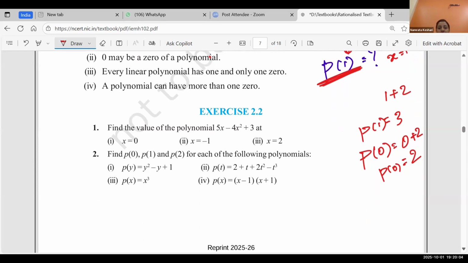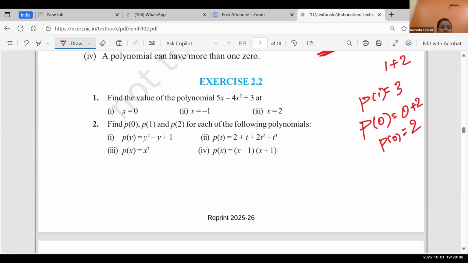Here we have number 2. I'm coming to number 1. This is just another way of doing the same thing, but let me tell you what to do in number 2: find p(0), p(1), p(2) for each one. I'm showing you the first one. p(y) is given as y square minus y plus 1.